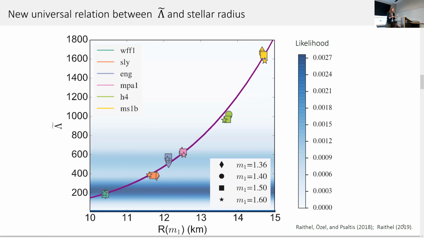I'm now plotting the binary tidal deformability as a function of the radius. And on this plot, each of these clusters of points corresponds to the predictions of a different theoretical equation of state. Within each cluster of points, I'm varying what I'm choosing for the two component masses, and you can see that it's insensitive to those choices. But all of these theoretical equations of state seem to be following this same trend line.